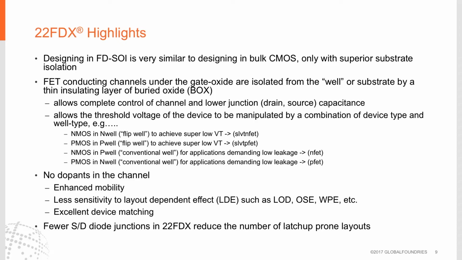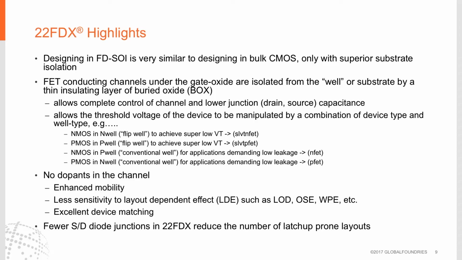We also have NMOS in P-well and PMOS in N-well, which are conventional well constructions. These are similar to what you would see in bulk, where NMOS devices sit in P-wells and PMOS devices sit in N-wells. In this case, the backgate bias is applied in a reverse direction to lower the leakage of the device for low power applications.